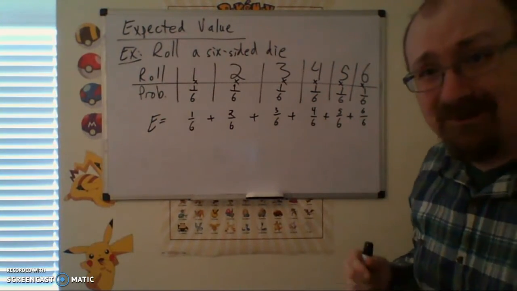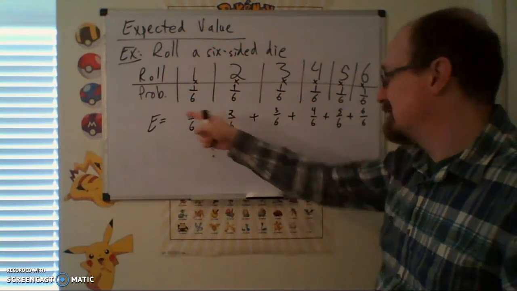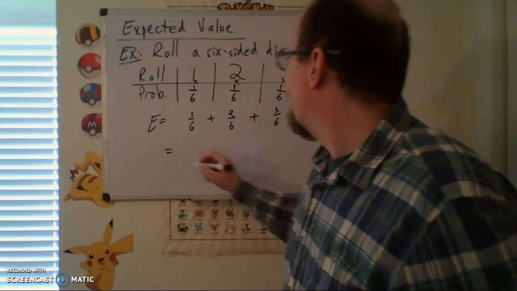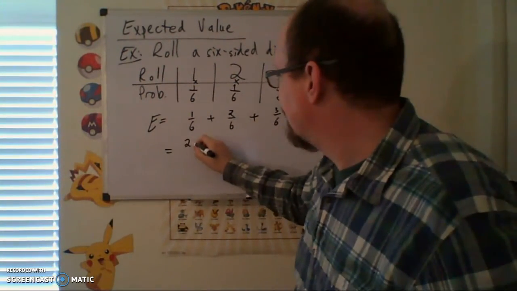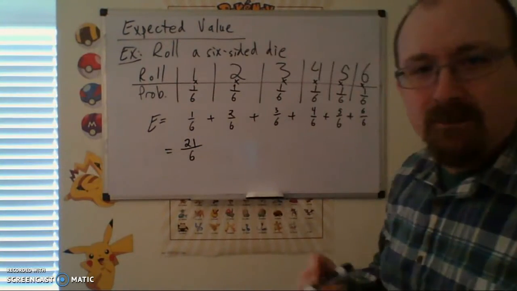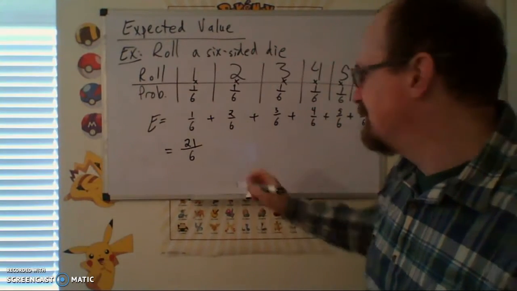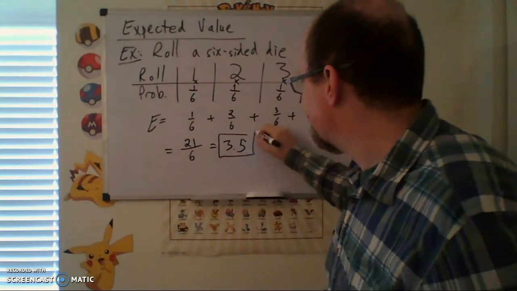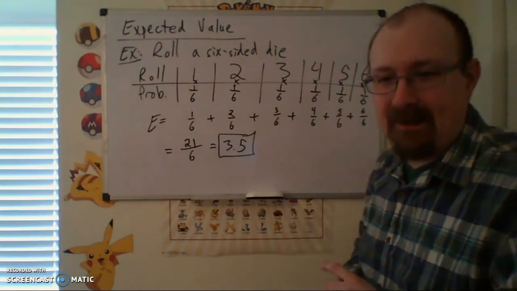If I add all these up, it's a lot easier if the denominators are all the same, because then I can just add together the numbers across the top. And 1 + 2 + 3 + 4 + 5 + 6, when you work that out, that should give you 21/6. You can cut the fraction down if you wanted to, or if you preferred a decimal response, I get that. 3.5 is what you'd end up getting there.